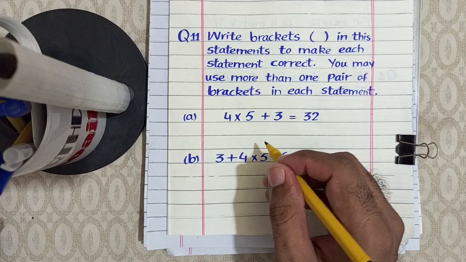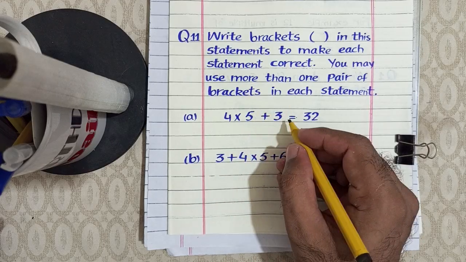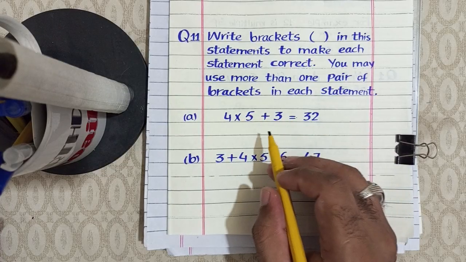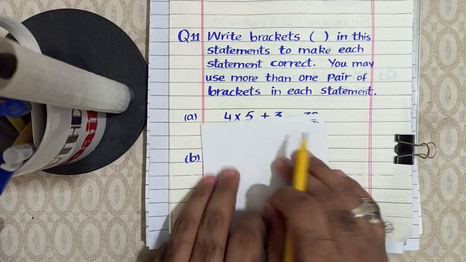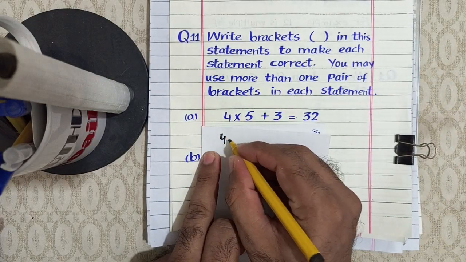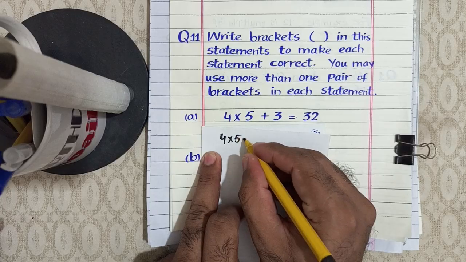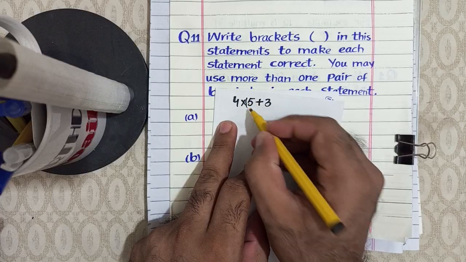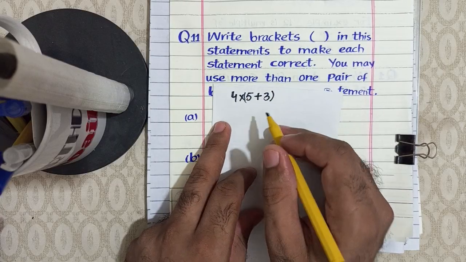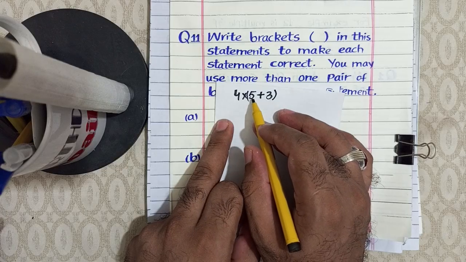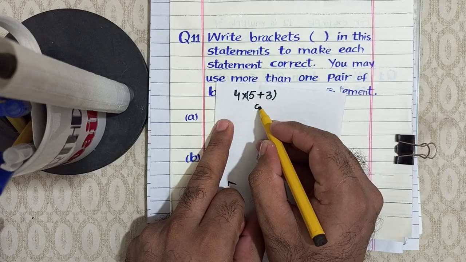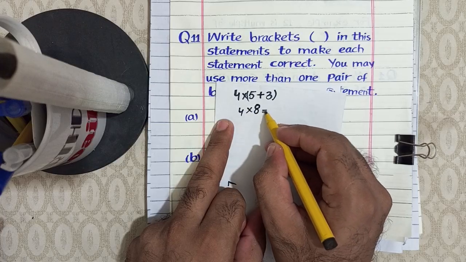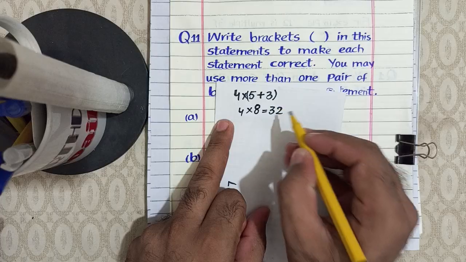If we add brackets with 5 plus 3, like 4 multiply (5 plus 3), then 5 plus 3 is equal to 8 and then multiply by 4. 4 times 8 is 32.